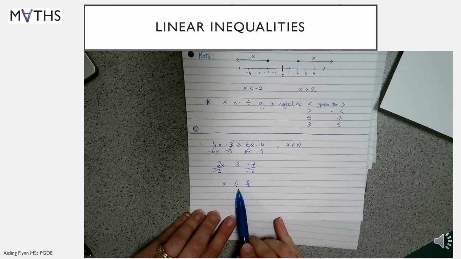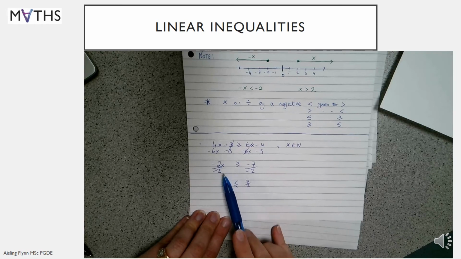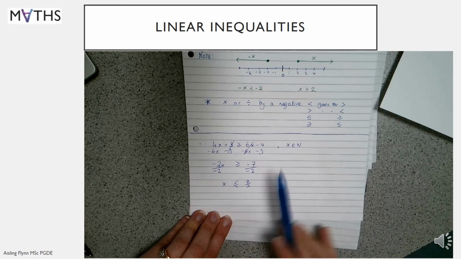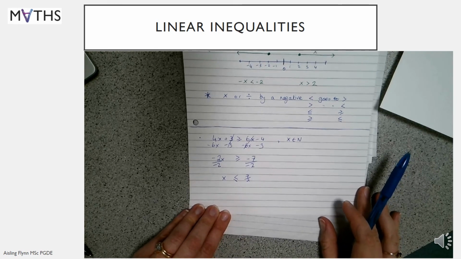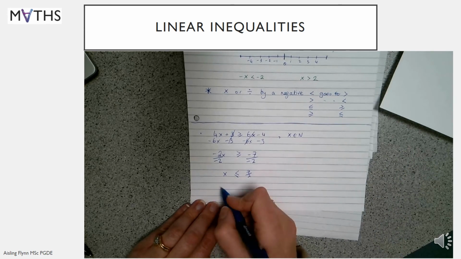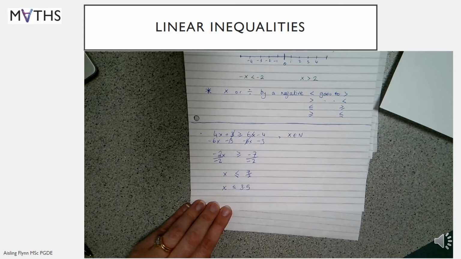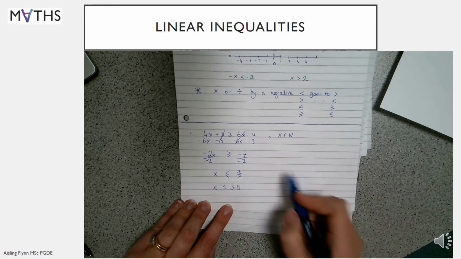That's because I was changing from negative x to a positive x. And remember, it was a reflection in 0. So what is 7 over 2? If it helps, you can change that to 3.5 for your number line.